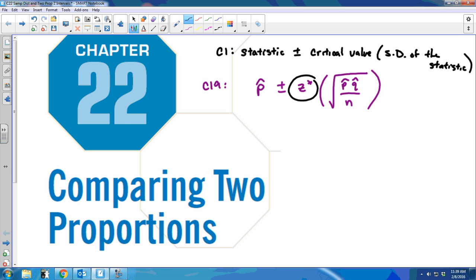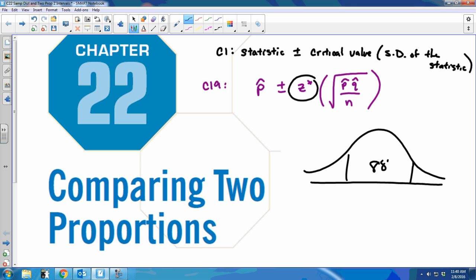Now some of you guys still don't know how to figure out what Z is. That's a problem. So let's say I want to be 88% confident. Then how do I find that critical value? You put it in the calculator, but what do you put in the calculator? Inverse norm, that's good. So I'm going to be 88% confident, so what am I going to put into the calculator? 0.06, right? You're worried about the middle 88%, if you will.